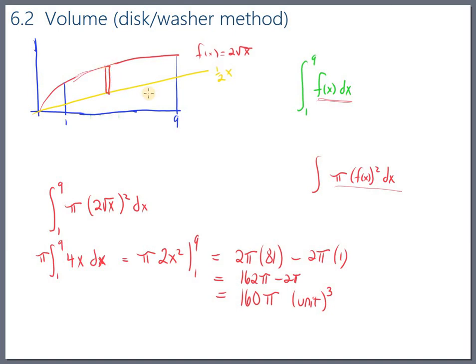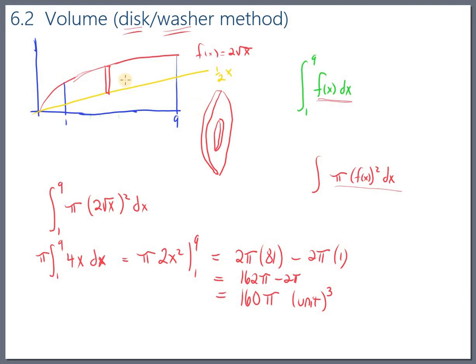And when you rotate that around, you're not going to get a solid disk anymore. There's going to be a hole in the middle, right? So this is going to be a hole right here. So you get more of a washer. So that's why this section is called the disk washer method.